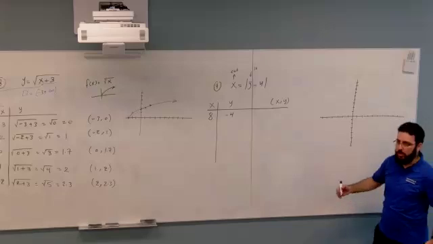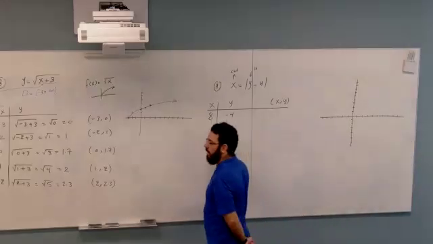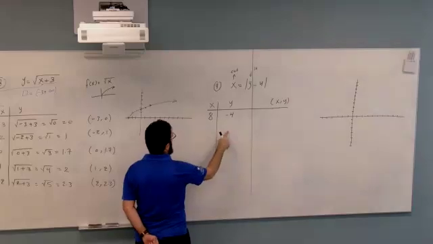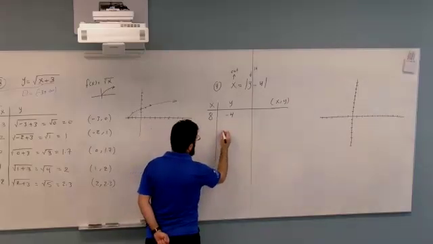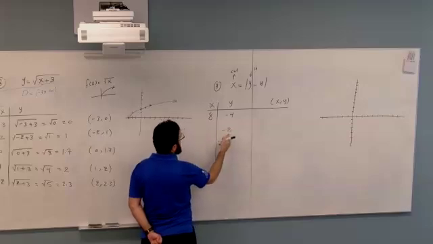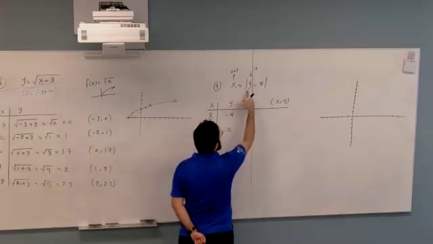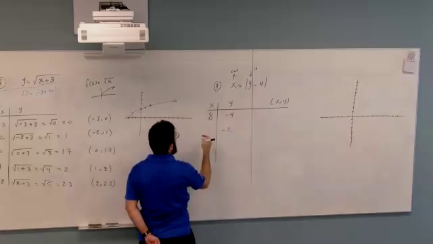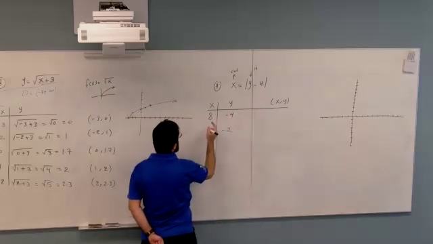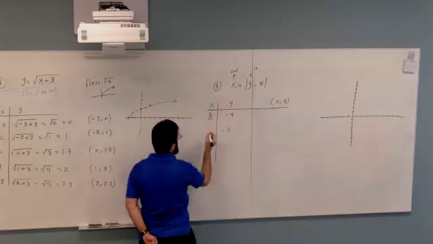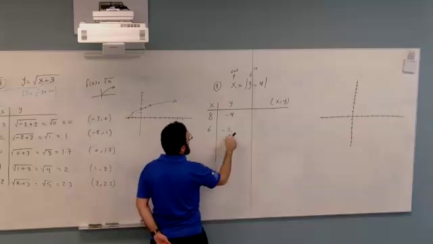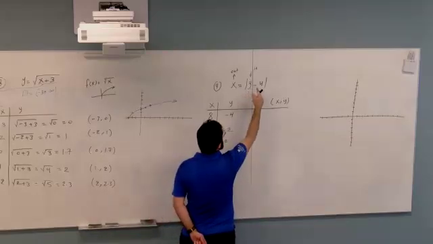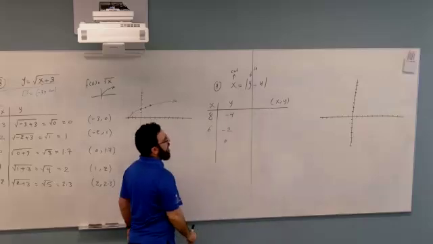Now another number. Choose another number here with the Y. -2. Plug in -2 here. -2 minus 4 is -6. Absolute value of -6 is going to be 6. Let's choose the 0. Plug in the 0. 0 minus 4, -4.